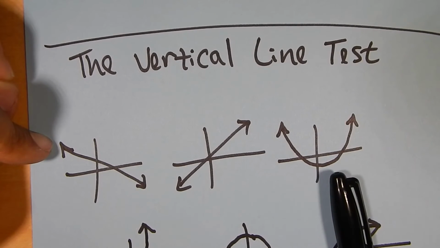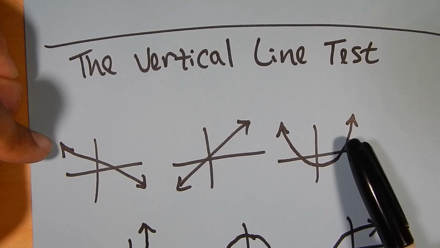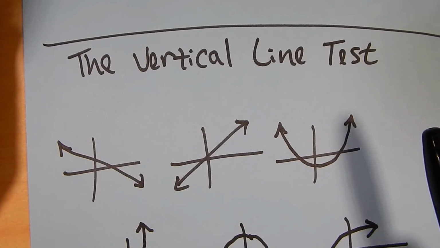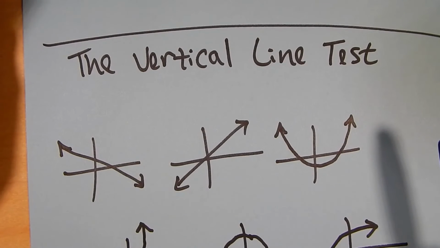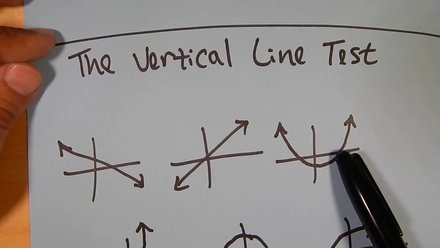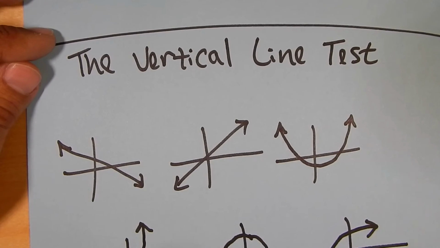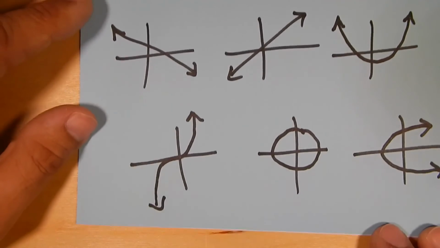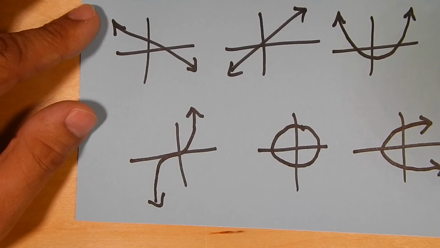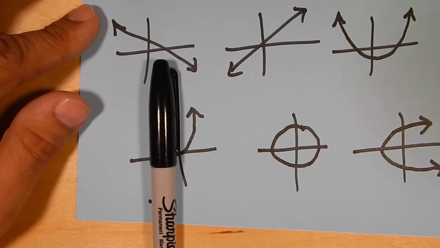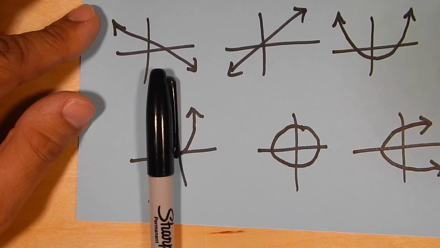Now, something that students might have a problem with is, well, this output is the same as that output. The outputs can be the same as each other as long as the input doesn't give you two different outputs. That's what we're looking for. So here we have a graph that looks kind of strange, but it follows the vertical line test.